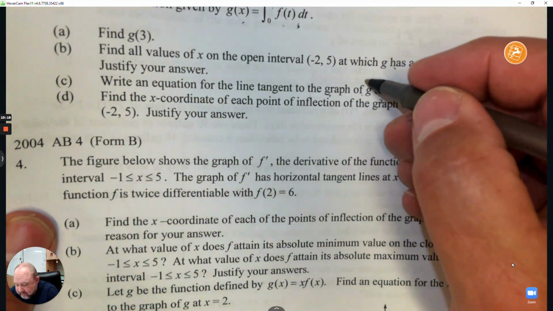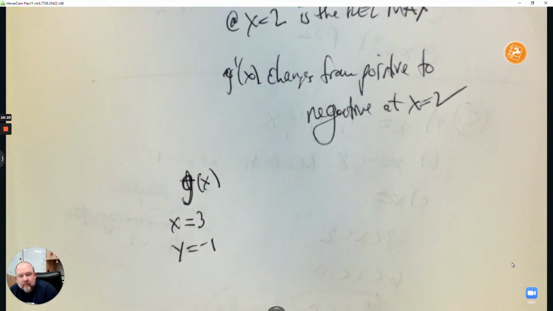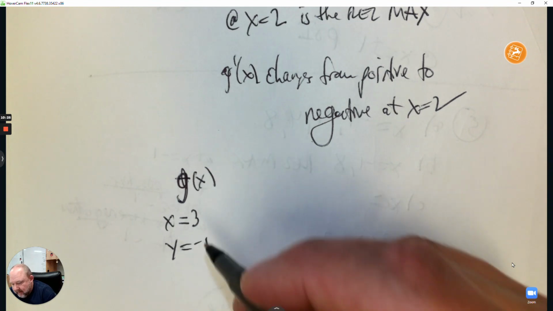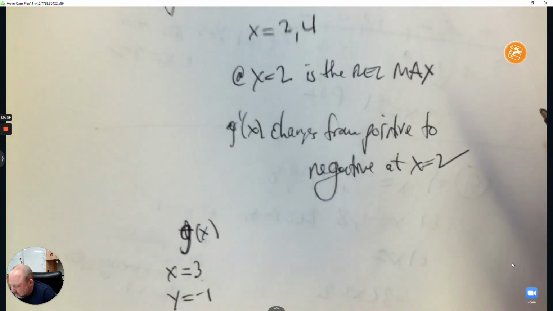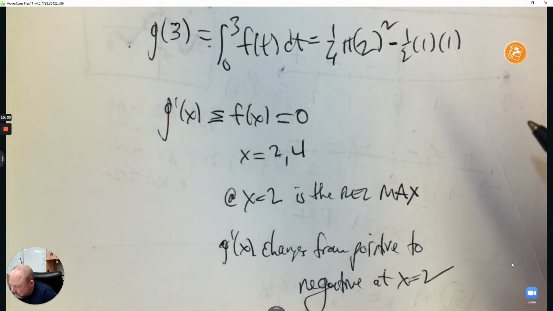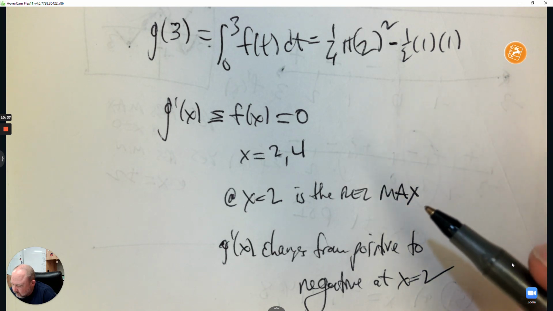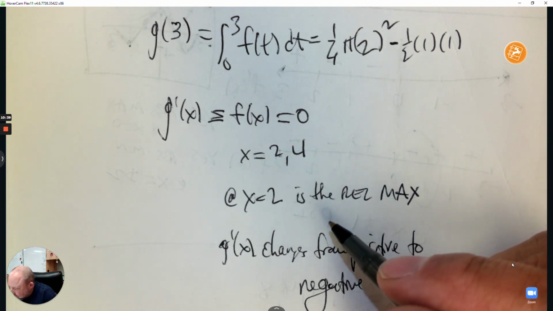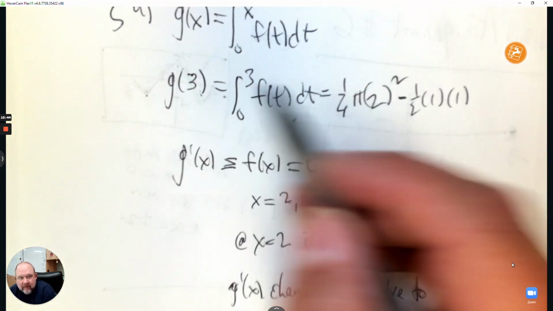Oh, it's the graph of g. So x equals 3. And then what does g at 3 equal?